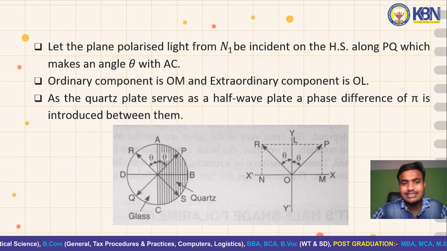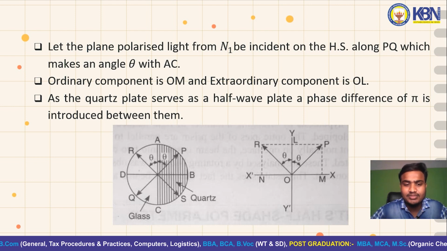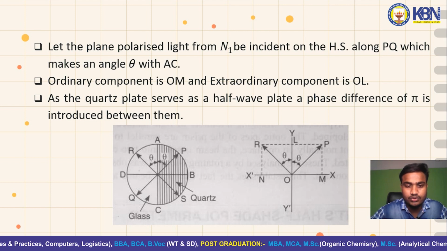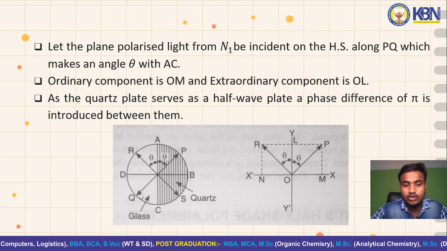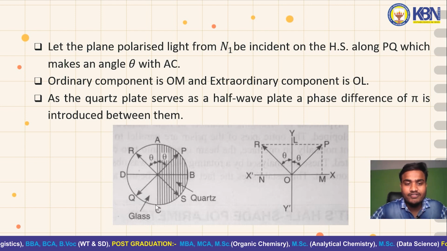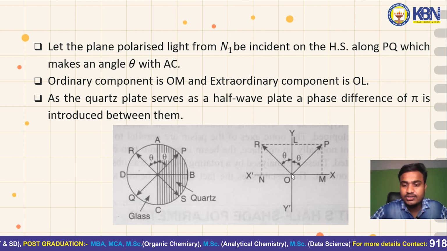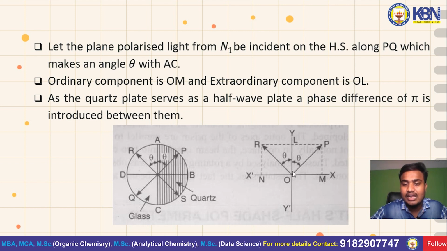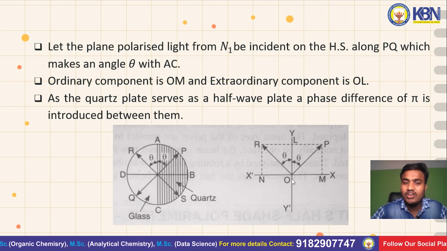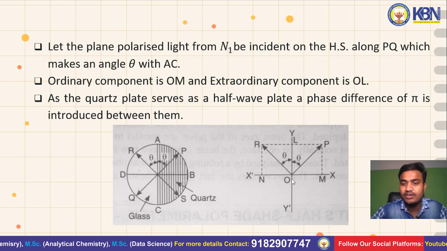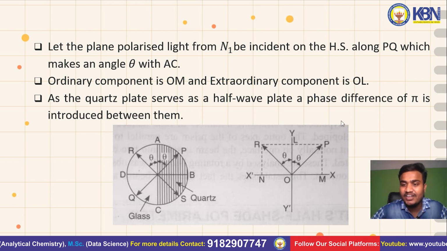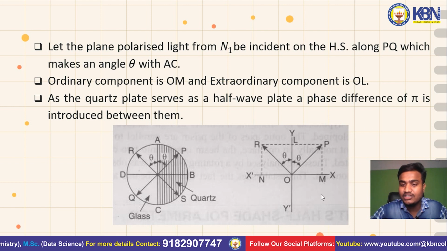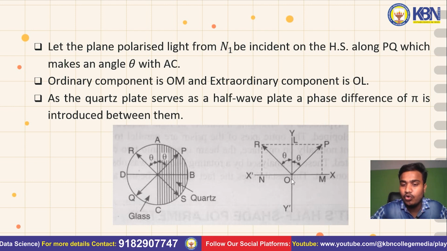Now, let the plane polarized light from the Nicol prism N1 be incident on the half shade along the PQ. Here in this diagram you can see along the PQ, which makes an angle theta with the AS. The ordinary component is OM and the extraordinary component is OL. As you know, the quartz wave plate serves as a half wave plate which introduces a phase difference of pi, which means that the ordinary component changes from OM to ON.